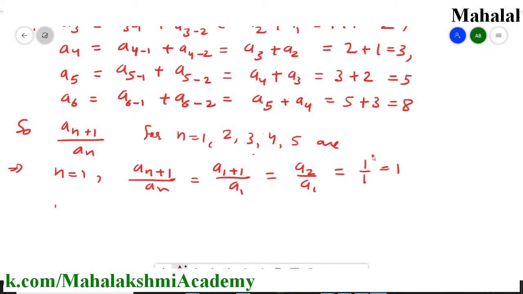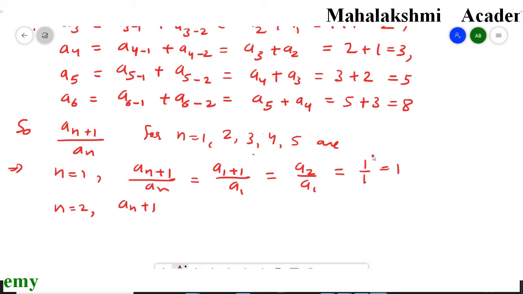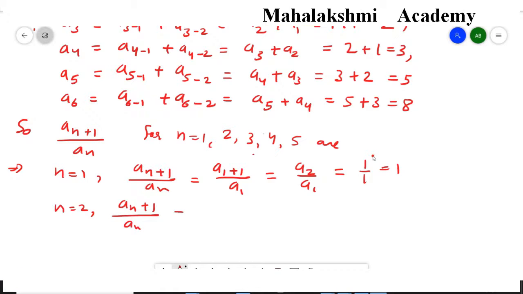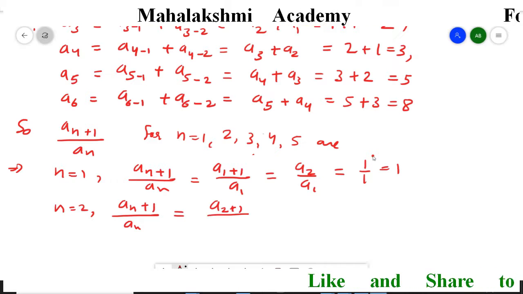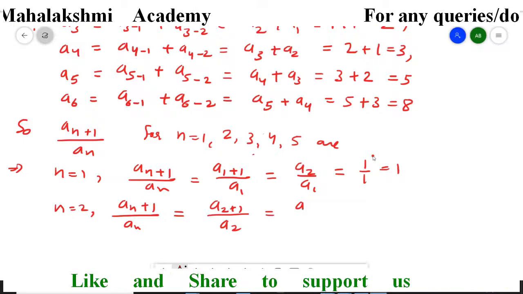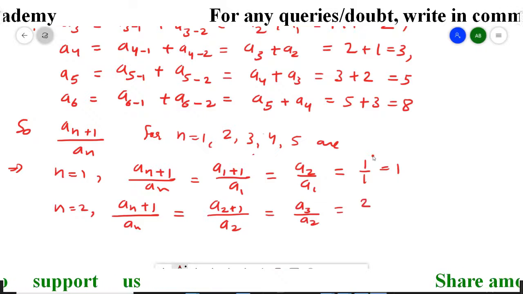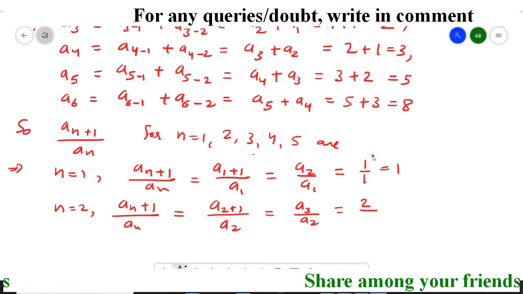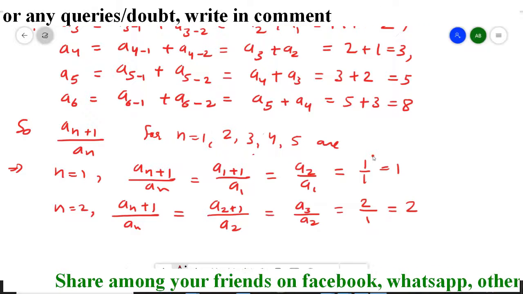Now in the same way, for n equal to 2, this a_{n+1} upon a_n is going to be a_{2+1} upon a2, which is a3 upon a2. Now a3 is 2 upon 1, that is 2.